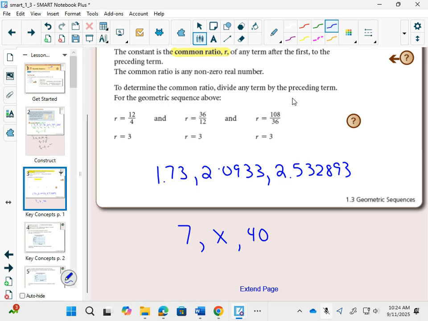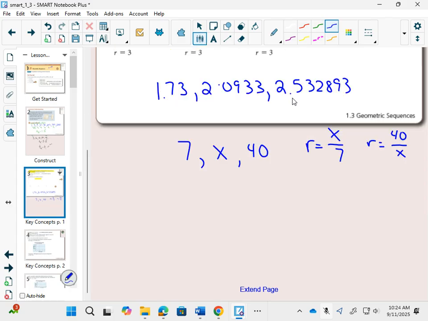Here's the idea. Would you agree, whenever you take two terms in a row and divide them, so if I take x and divide it by 7, I'm going to get the common ratio. I could also get the common ratio by taking 40 and dividing by x. The common ratio has to be the same, so x over 7 has to be exactly the same as 40 over x. If I multiply both sides by x, I get x squared on this side. If I multiply both sides by 7, I get 280 on this side.